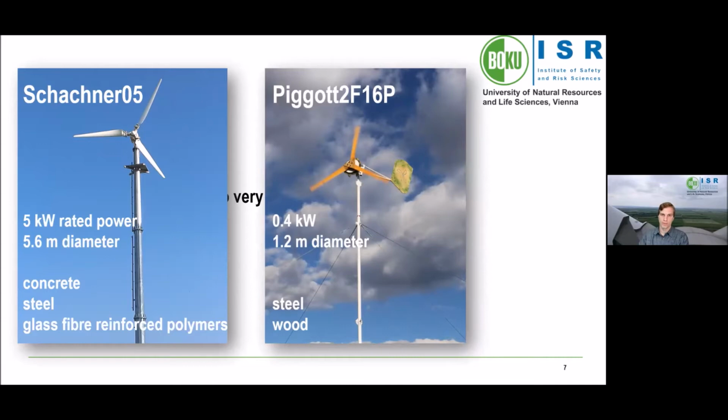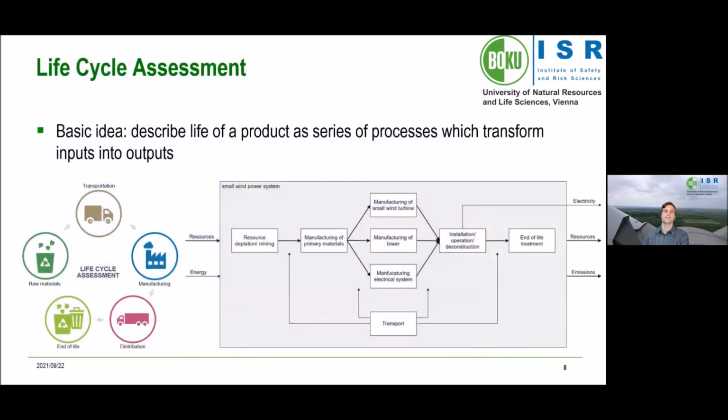And from a methodological perspective, how did we look at it? Well, we chose to make a life cycle assessment. What does this mean? Well, the basic idea of an LCA, for those of you who maybe don't know this too well, is to describe the whole life of a product as a series of individual processes, each of which transforms some input into an output.